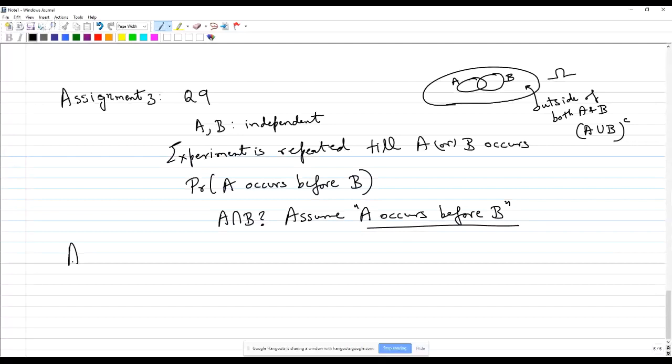Maybe I should go to this question, assignment 2, question 7. Remember, the question says the dice is rolled once or twice.